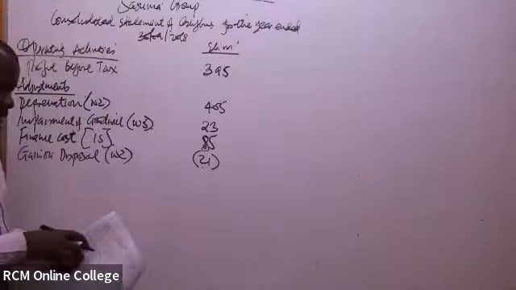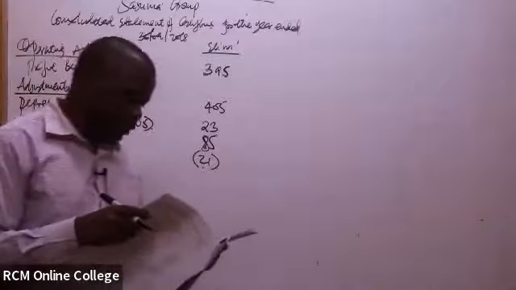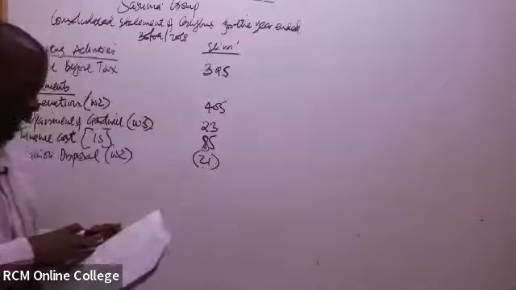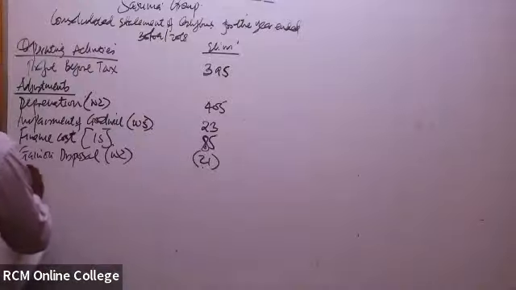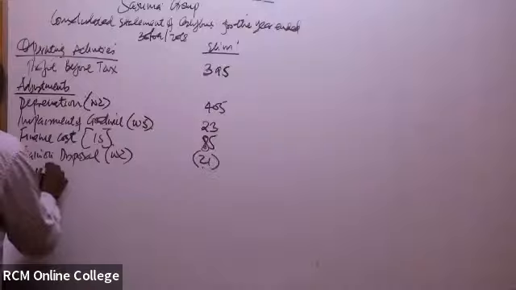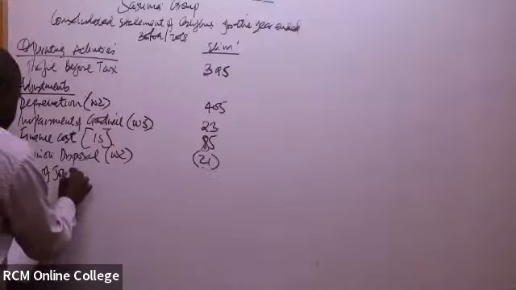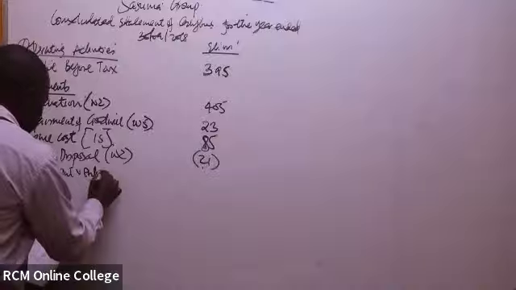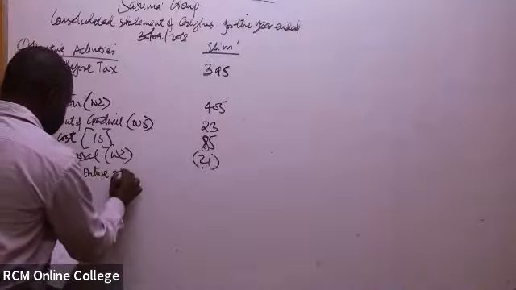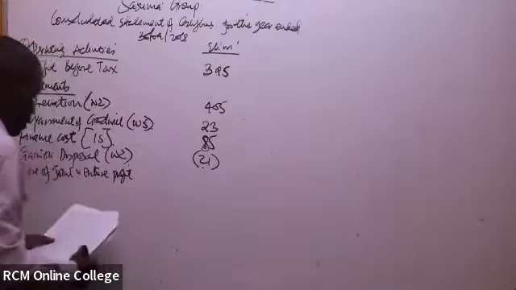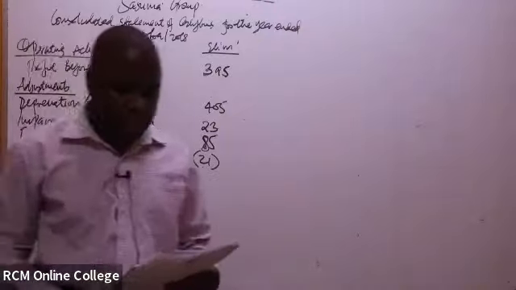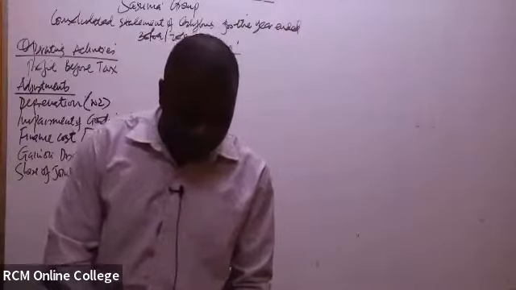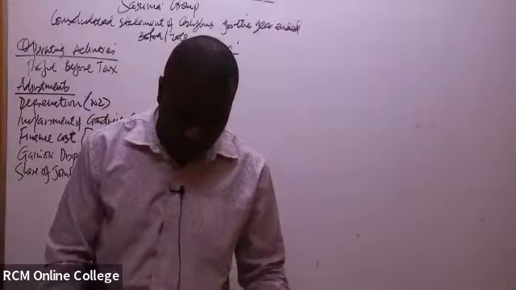If you look at the format of the cash flow statement, we have an item of share of joint venture profits, which in this case is an amount of 85.